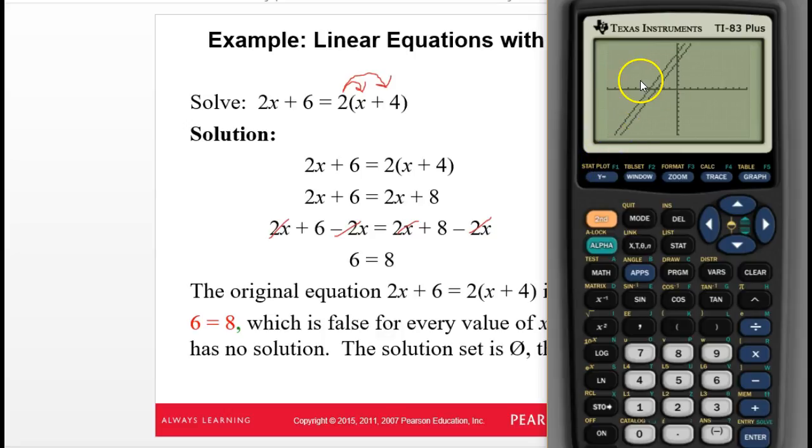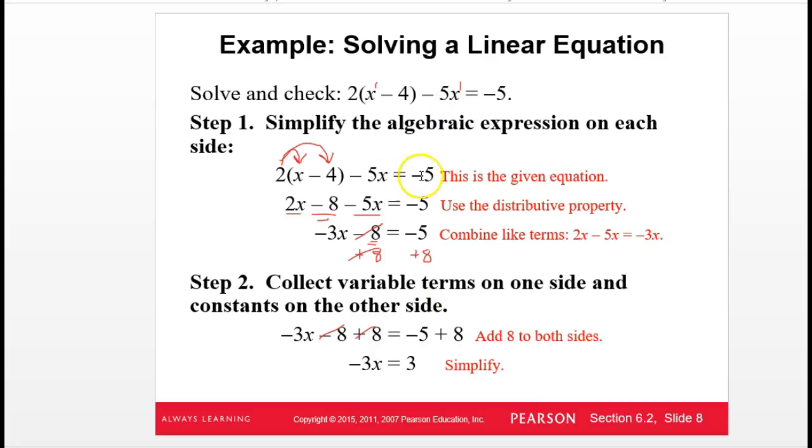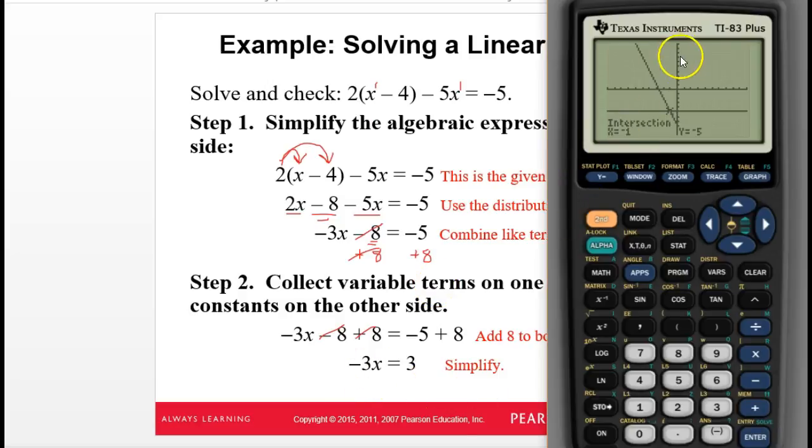Now, when we do get a solution, it's the intersection of these two lines. For instance, with this equation that we solved earlier, the solution was x equals -1. If I graphed it, there's the left-hand side of the equation. This whole left-hand side is this line right here, and then -5 is just this horizontal line.